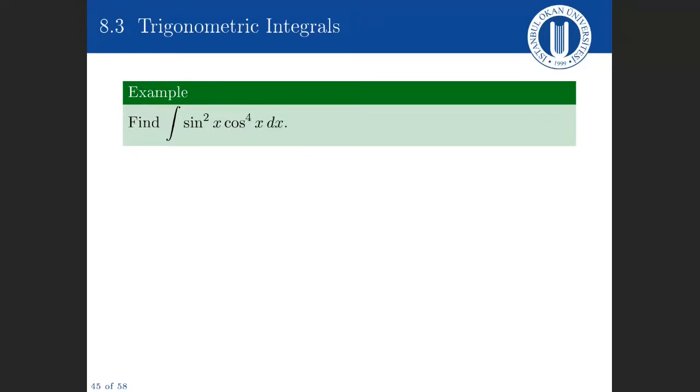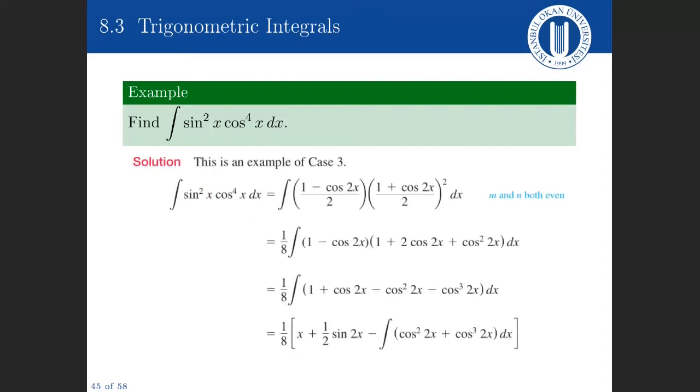Find the integral of sine squared x, cos to the power 4 x. This time we've got two even numbers. So this is case 3. We use the formulae for sine squared and for cos squared.